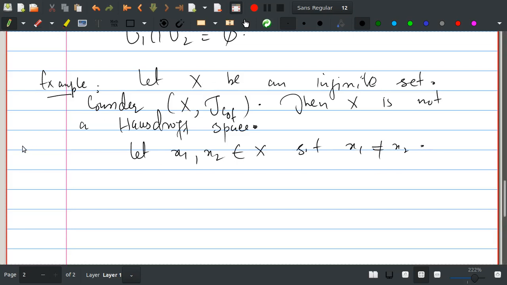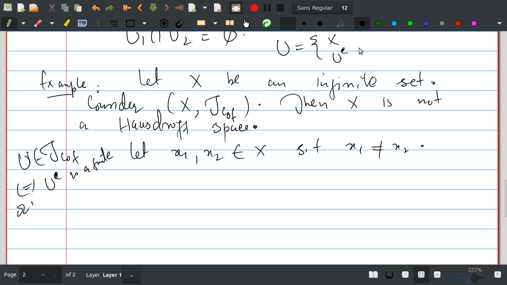Now we know that an element in this topology is open if and only if U complement is a finite set, or X itself. So U is open with respect to the cofinite topology if either U is X or U complement is finite. Then this U is in this topology.